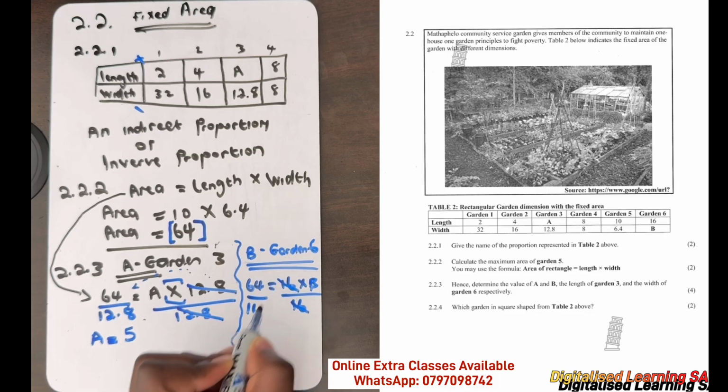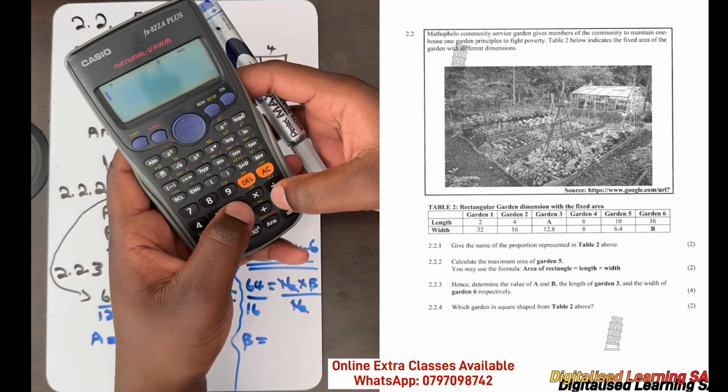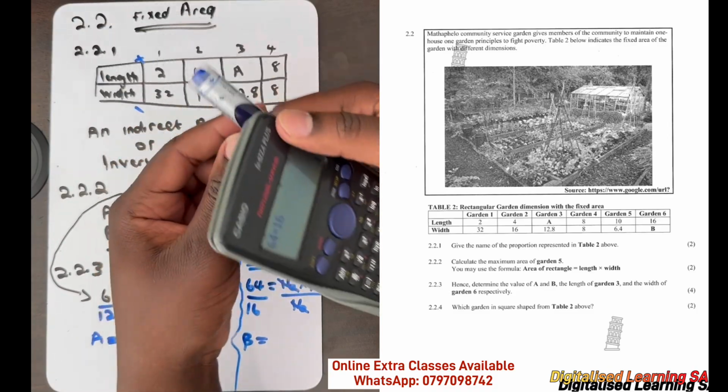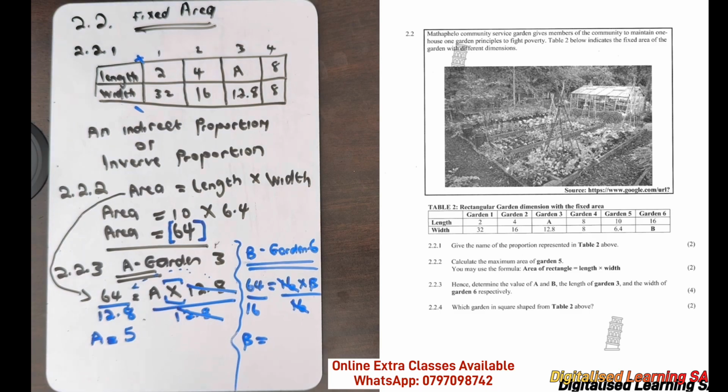The 16 will cancel, and B will be equals to 64 divided by 16. So let's do that. 64 divided by 16, the answer will be 4, meaning that our B will be equals to 4.